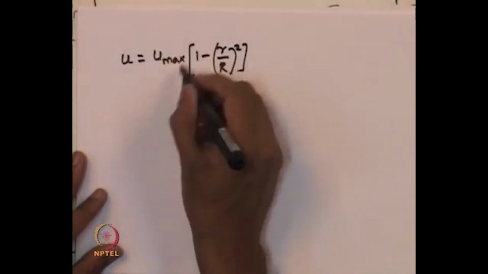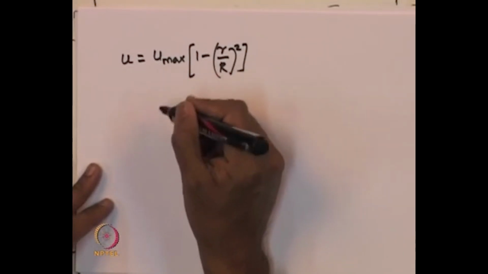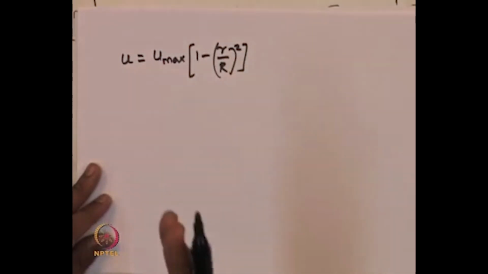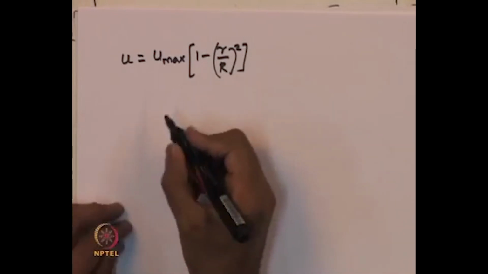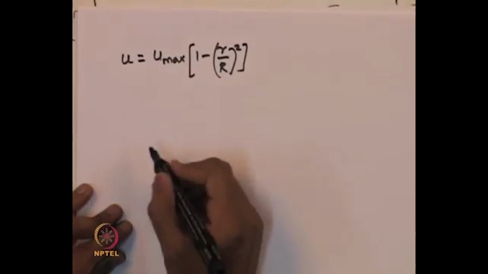Now, often this maximum velocity may not be known. So, instead what may be known is the average velocity, that is the velocity of the fluid stream averaged across the whole cross section, and that can be estimated from the local velocity expression.